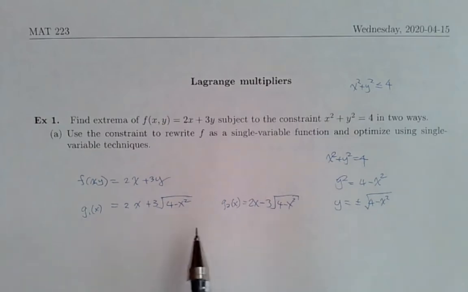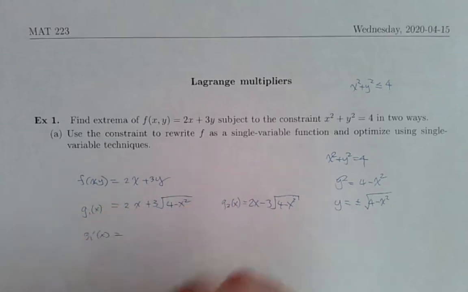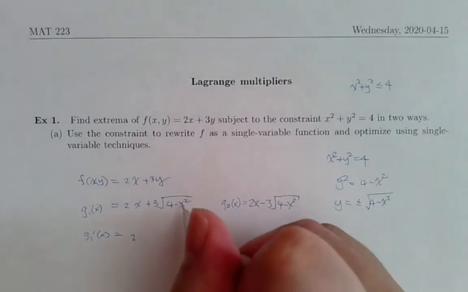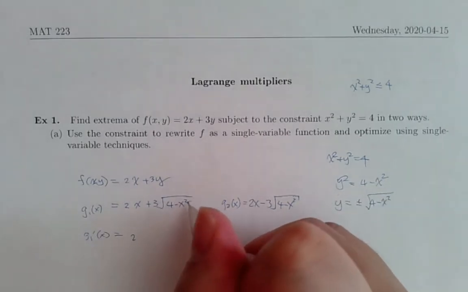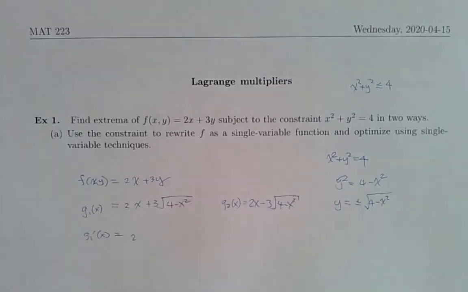Now to optimize each one, this is a single variable case now. We just take the derivative and set it equal to 0. Taking the derivative, g1 prime is equal to 2. We're going to use the chain rule. The 2 will come out, the square root has a 1/2, those cancel.